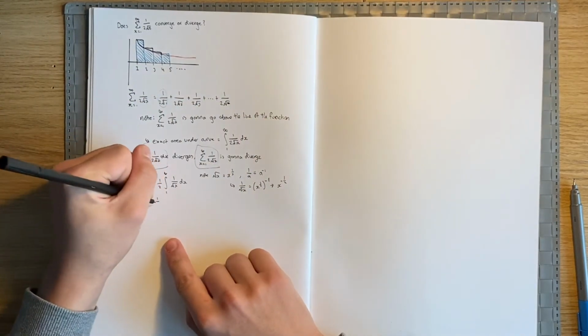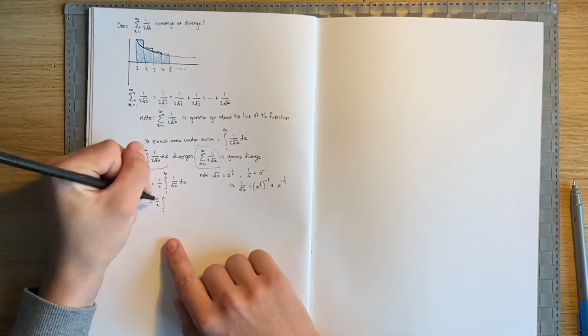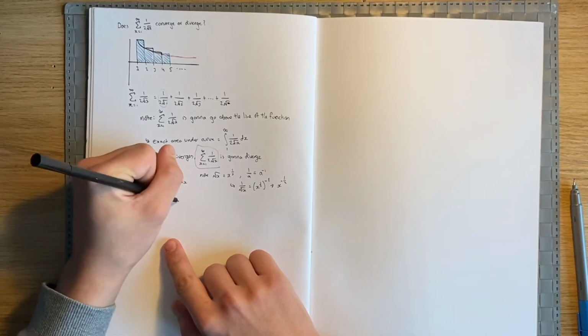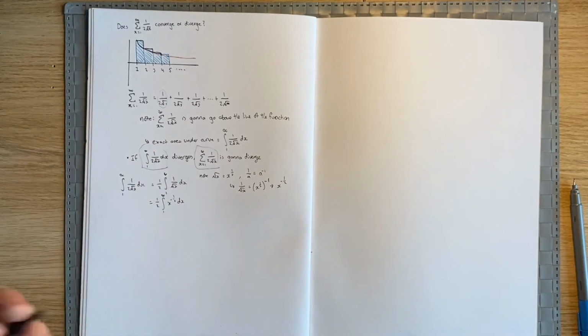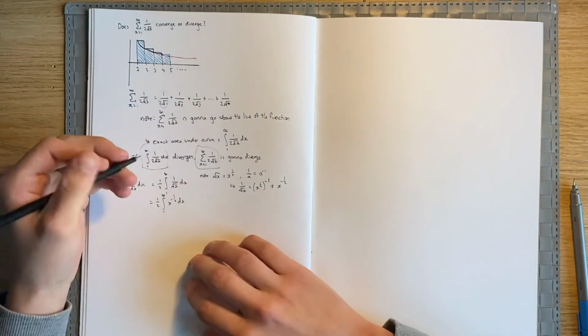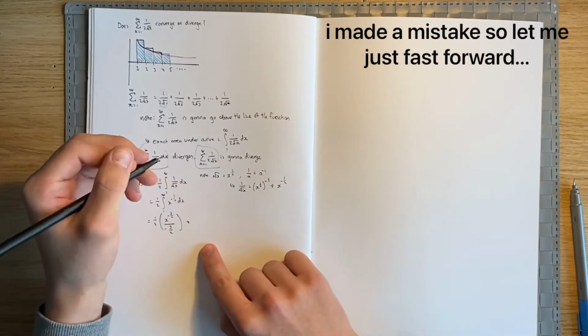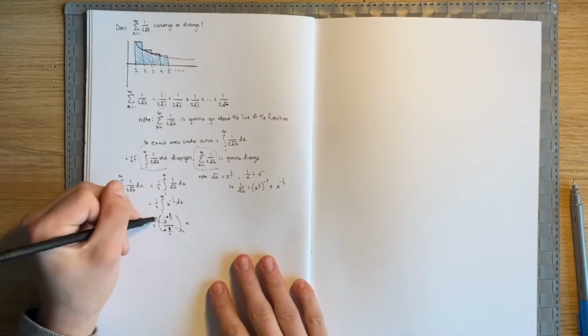So we're left with half of the integral from 1 to infinity of x to the negative half power dx. And then we can solve this simply with the power rule. So I'm going to write this again actually.